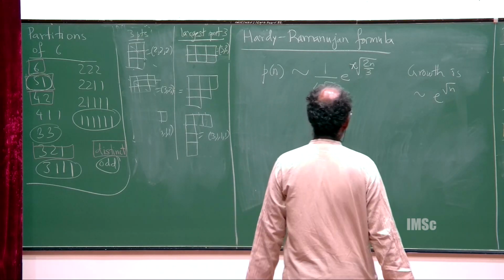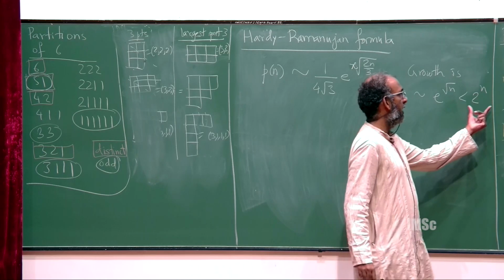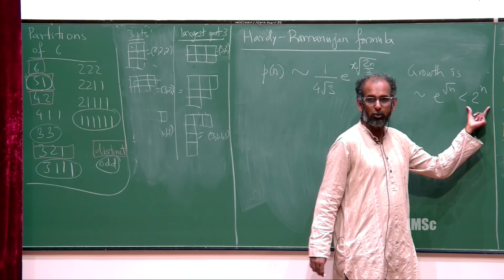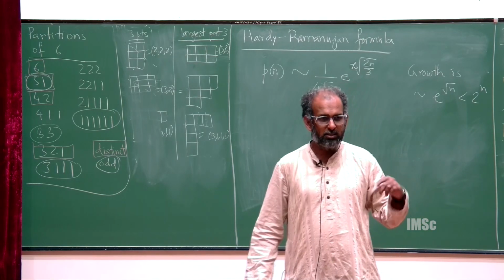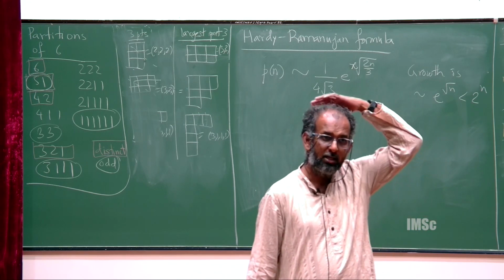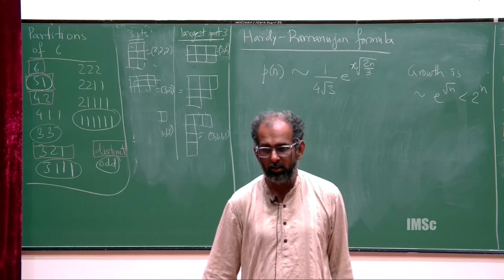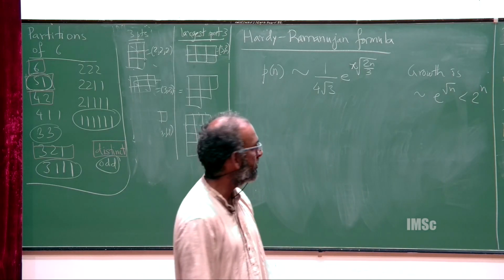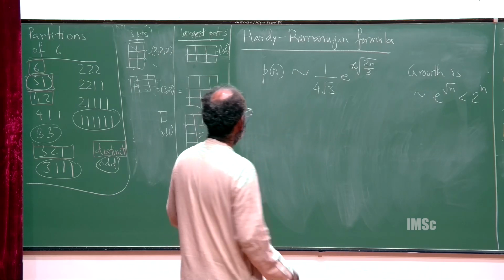And so this is less than 2 to the n, because 2 to the n minus 1 is the number of compositions, as we saw yesterday, and partitions are a much smaller subset of compositions, right?